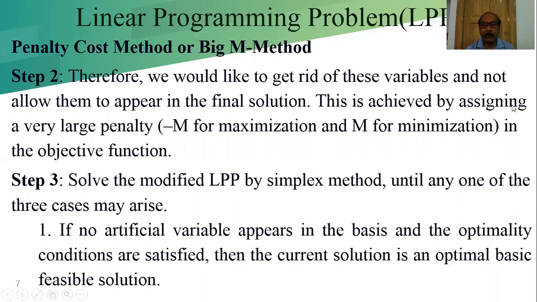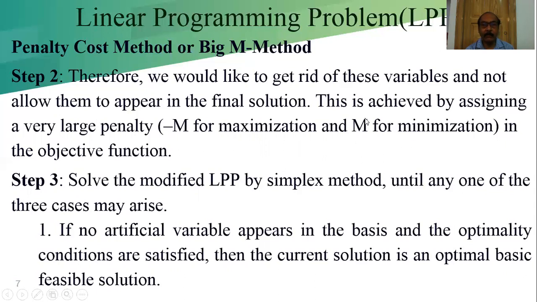This is achieved by assigning a very large penalty cost, that is the coefficient of the artificial variable in the objective function, with minus M if it is a maximization problem. Then minus M is the coefficient of the artificial variable.